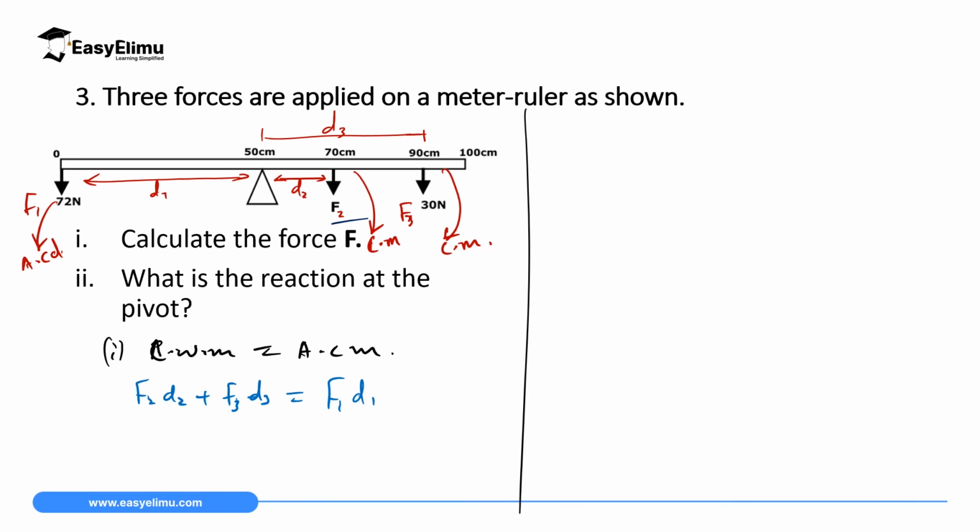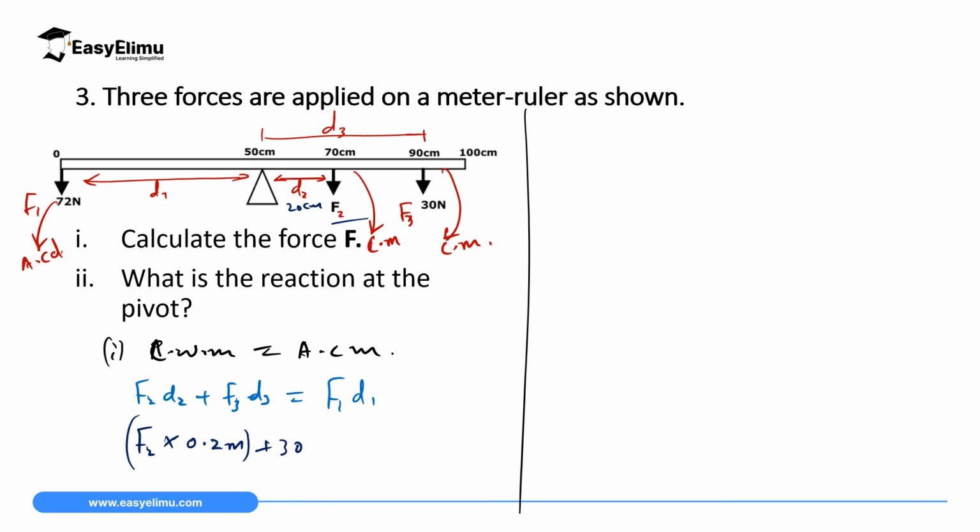So if we replace F2, which we don't have, times D2, which is 70 minus 50, D2 here is 20 centimeter, which is the same as 0.2 meter if we convert it to meters, then plus F3 D3.